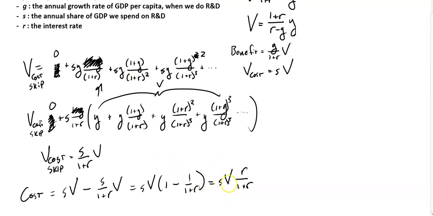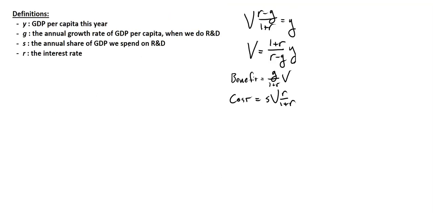All right. So this is our cost, and we've also got our benefit. The ratio of these two is the value of R&D, or I guess I should say the benefit cost ratio of R&D. All right, let's tidy up one last time. Voila.